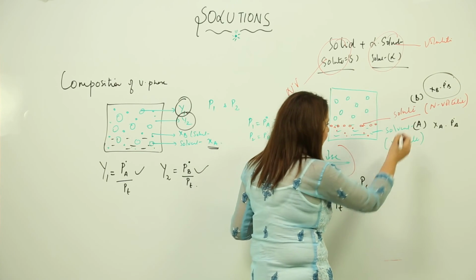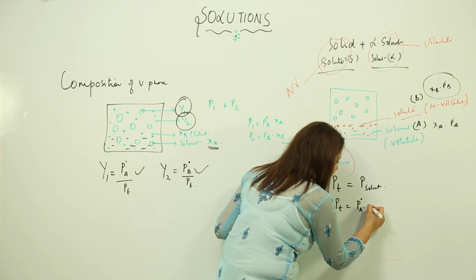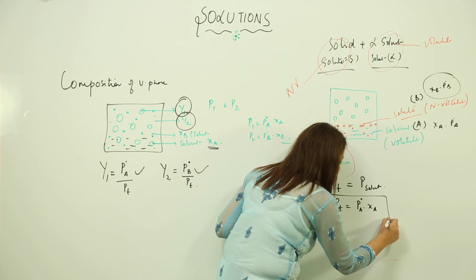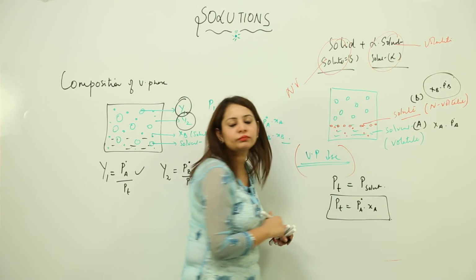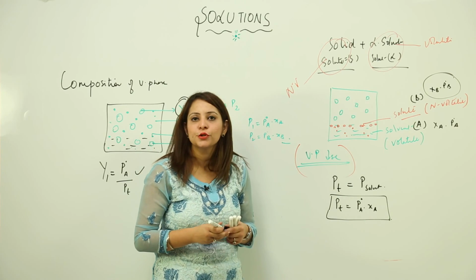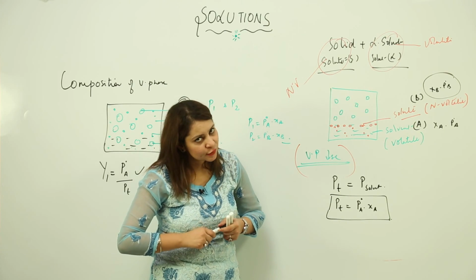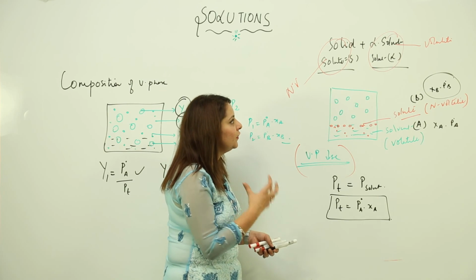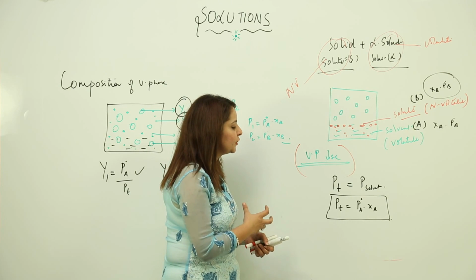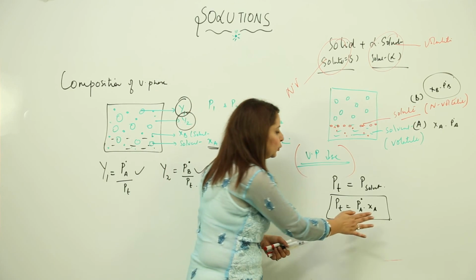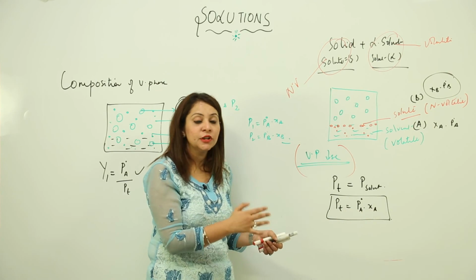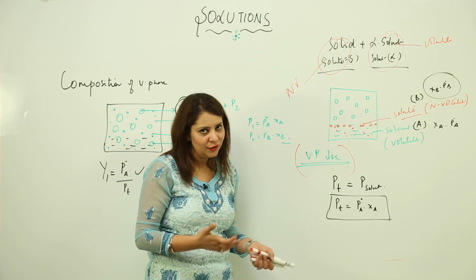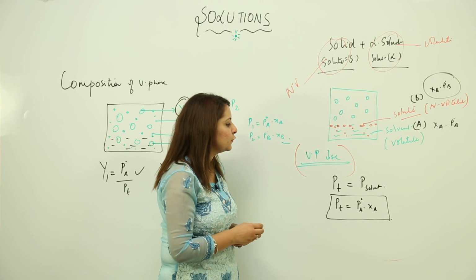So the solvent is volatile, and obviously the total pressure is going to be equal to only the partial pressure of the solvent into the mole fraction of the solvent. What I want to tell you is that whenever there is a non-volatile solute, the total pressure is affected only due to this factor, because only the solvent is volatile and the solute is not volatile in nature. So this is what you have to keep in mind.